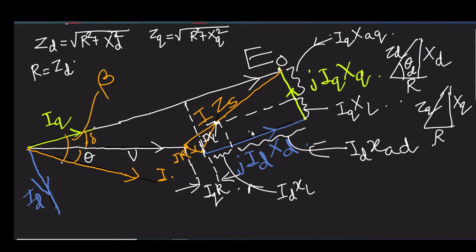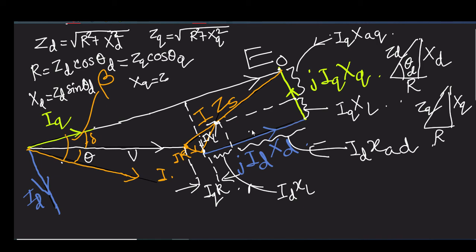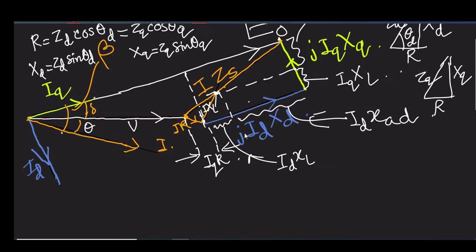Well, we are all ready. So now we can write cos theta d is equal to R over ZD, and cos theta q is equal to R over ZQ. Fine. And also we can write XD is equal to ZD sin theta d, XQ is equal to ZQ sin theta q.